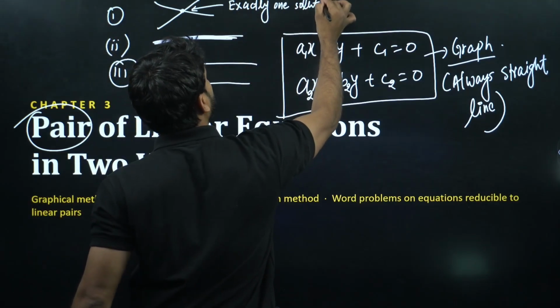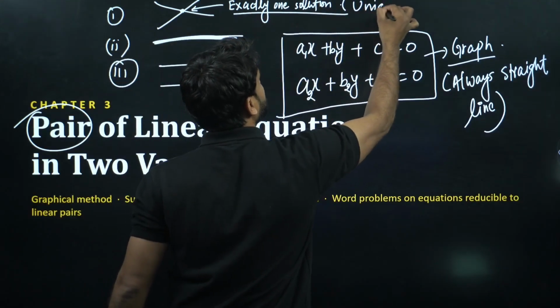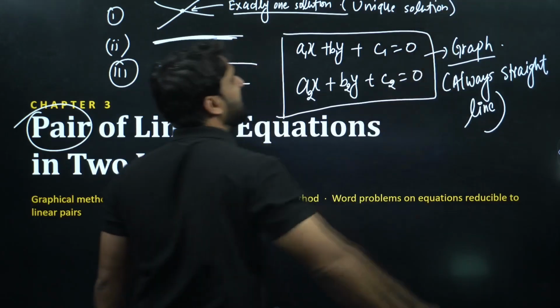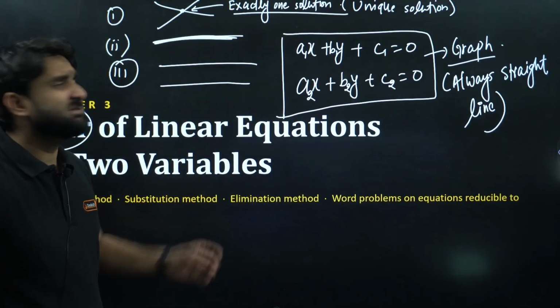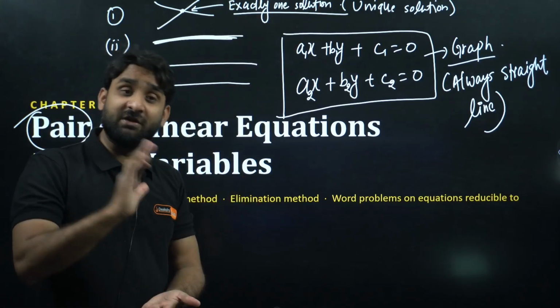We are going to solve a lot of questions here, don't worry. This is called exactly one solution, and we can also say unique solution. Common sense is also helping you out, I hope, guys. If the lines are intersecting, by common sense there will be only one value of x and y which satisfies both the equations.